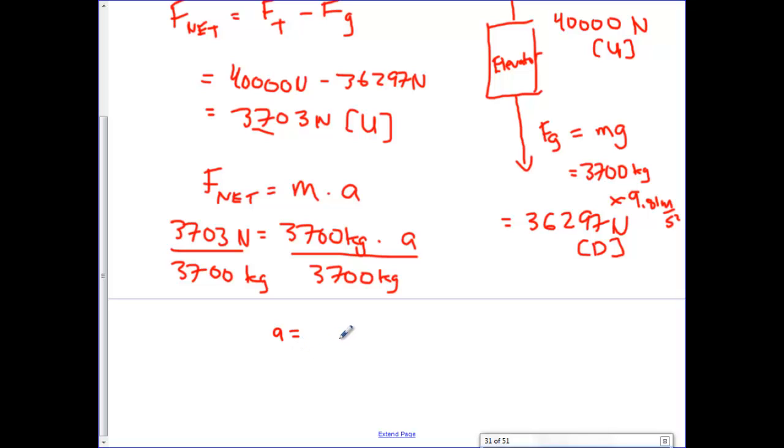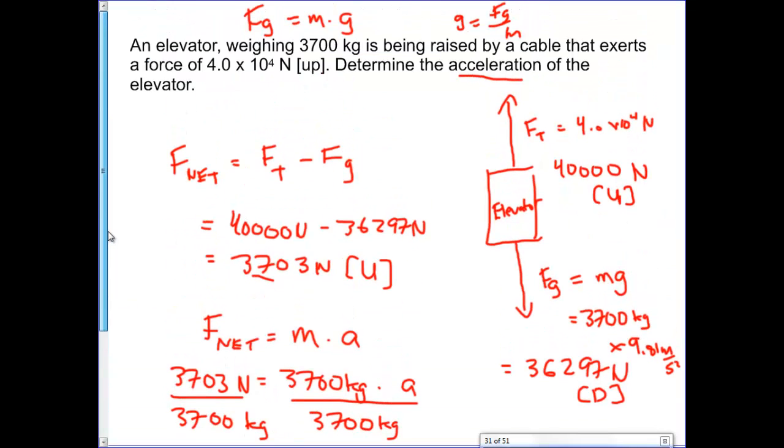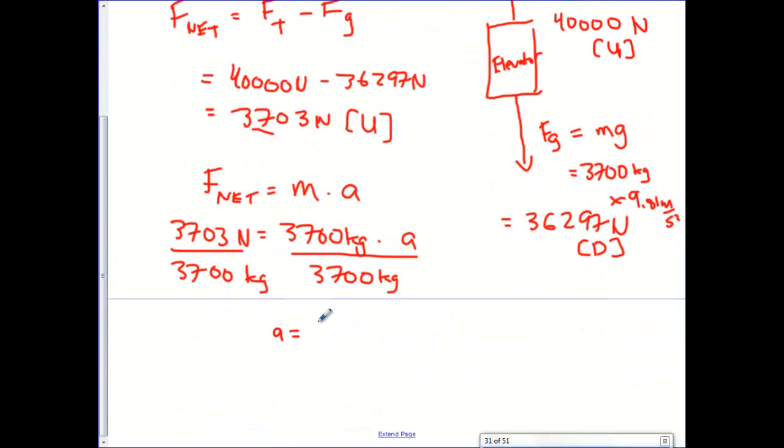Pretty close. Okay, so now let's do sig digs. What do I get for sig digs? 2, because this guy here only has 2. So we would say this thing's accelerating at 1 meter per second squared. In this unit, we're going to have to be specific when we do accelerations as to which direction the acceleration is going. Because in this example, the elevator is going up. That makes sense?